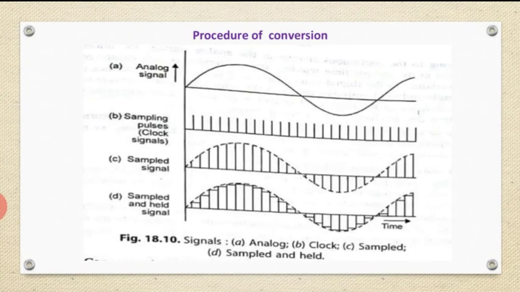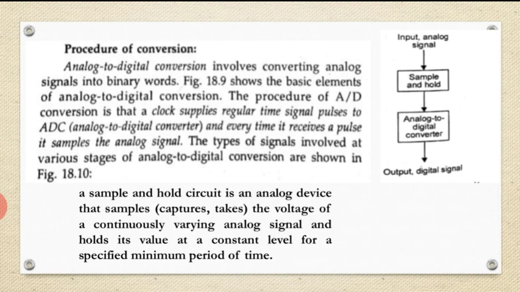This is the figure of the waveforms. It shows the analog signal and sampled pulses, then figure B and C are the sampled signal, and the sampled and held signal is shown in D. The procedure of analog to digital conversion involves the sample and hold circuit, and that is given to the analog to digital converter.